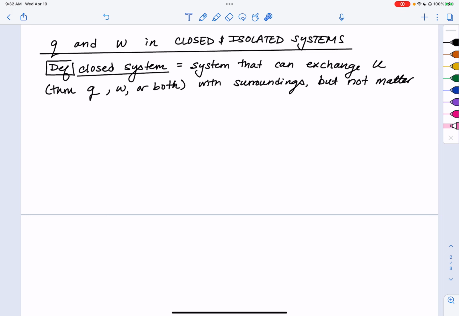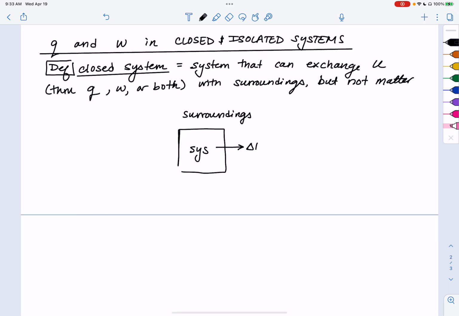So we can have some kind of relationship between our system and our surroundings, where we can have a transfer of energy out or in of our system, which is going to either be transferred to or from our surroundings.